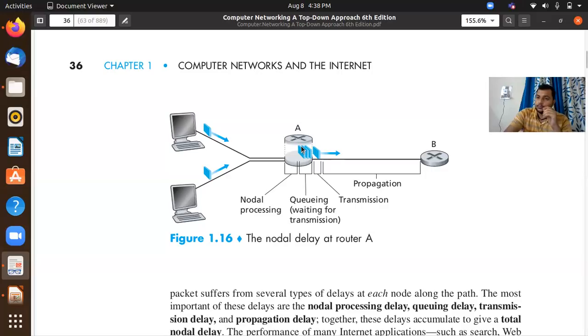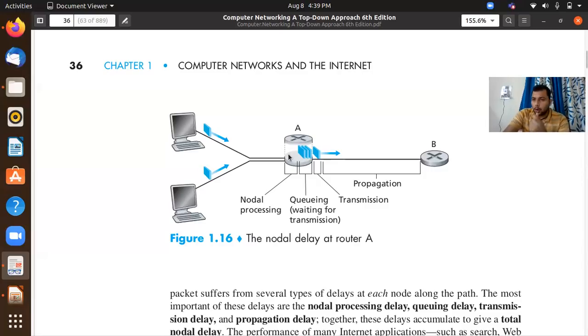But node A's processor at that time may be busy, so it has to wait for a while. Where will it wait? It will wait inside buffers. Once node A receives the packet at its interface, the packet will find a place inside the buffer.